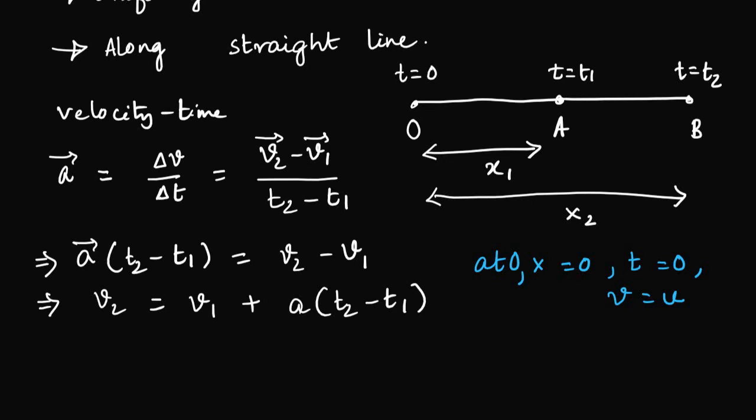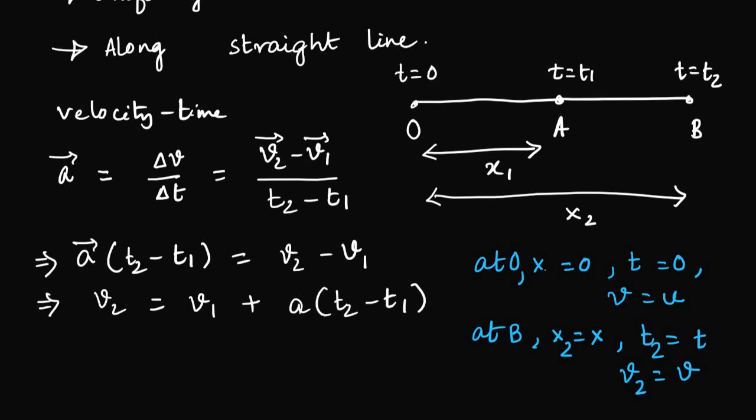Similarly, at B, the total displacement is x and the time is t. The total time taken, 0 to t2, can be taken simply as t, and v is the final velocity. So putting in the values, at B I can write x2 equals x, t2 equals t, v2 equals v.